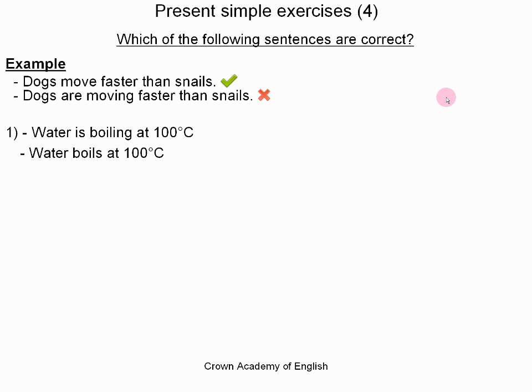Okay. So, which one is it? Well, here's the answer. It's a fact. Again, it's water boils at 100 degrees centigrade. It's always going to happen like that. It's permanent. So we use the present simple.